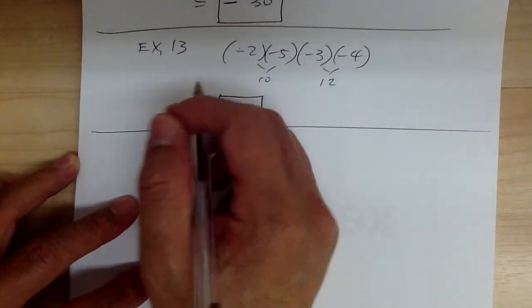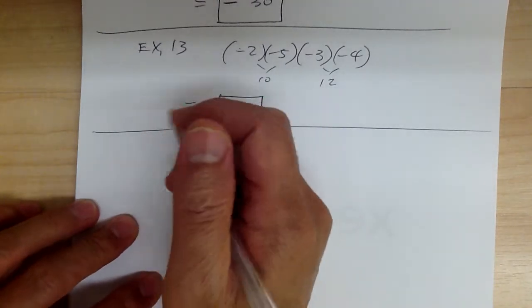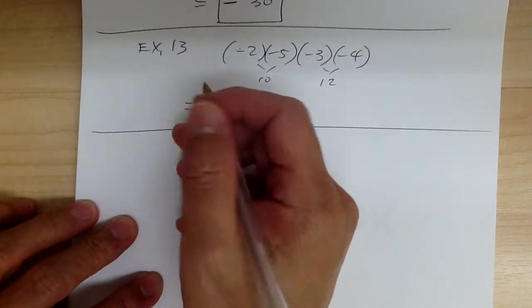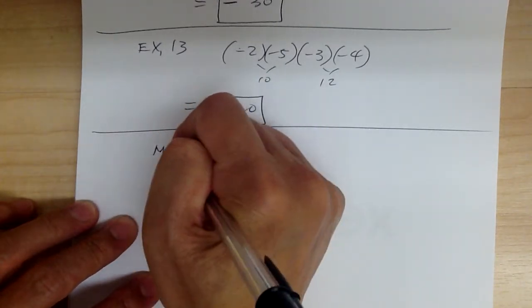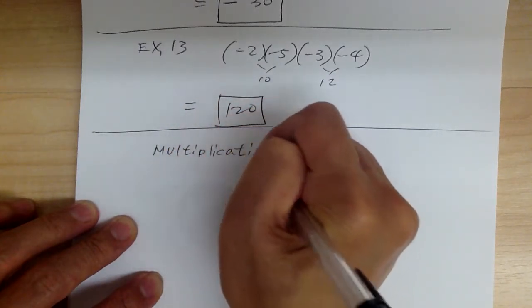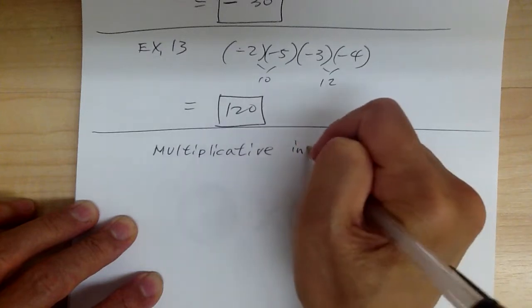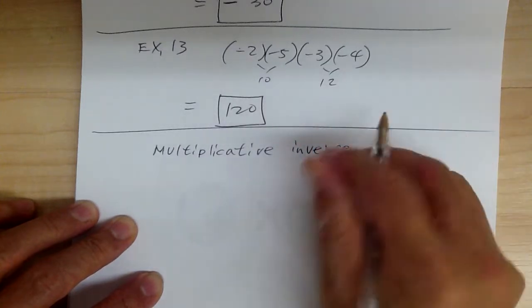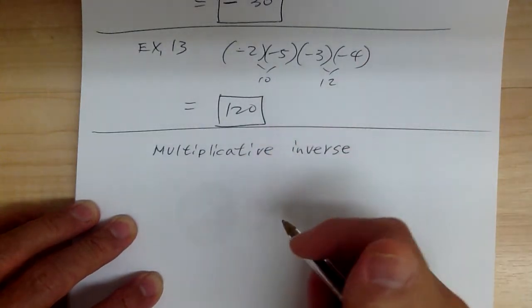Well, before example 14, there's a term called the multiplicative inverse. Inverse means reciprocal, means you flip it over.